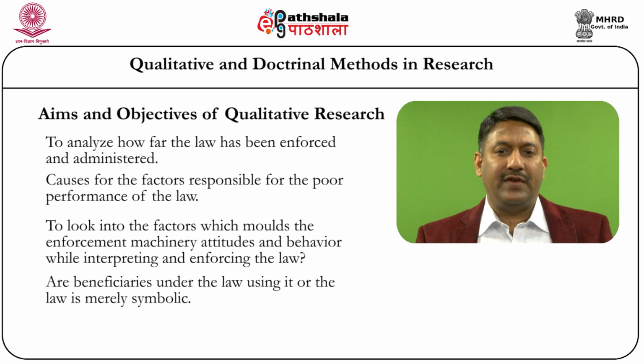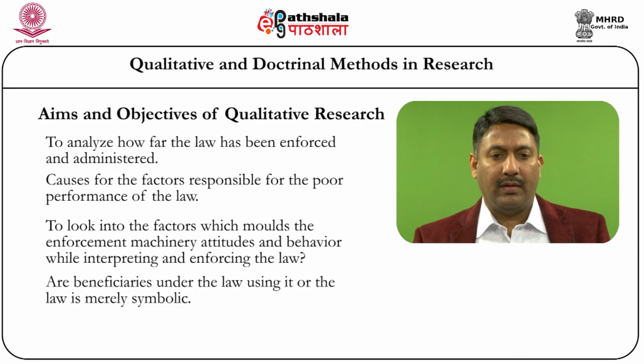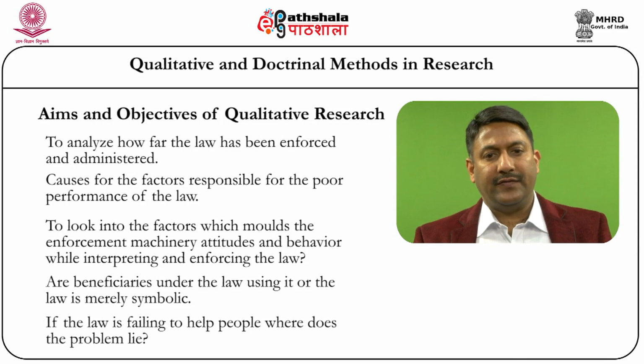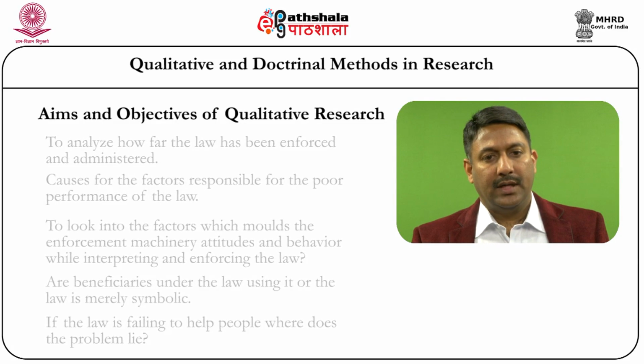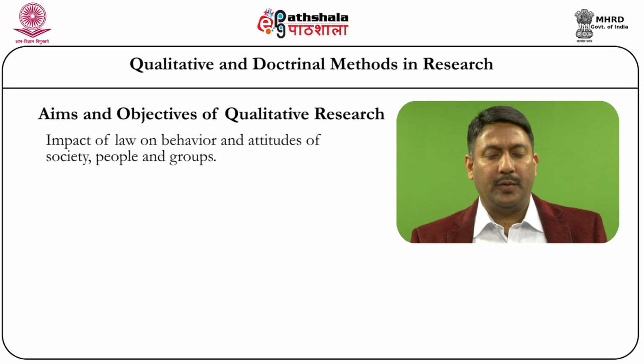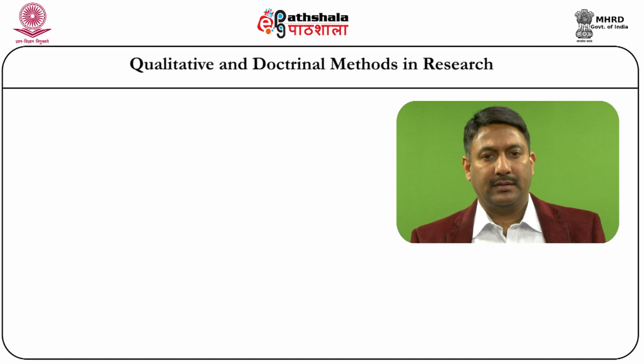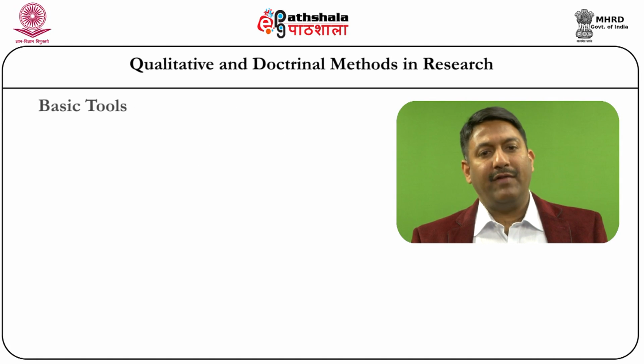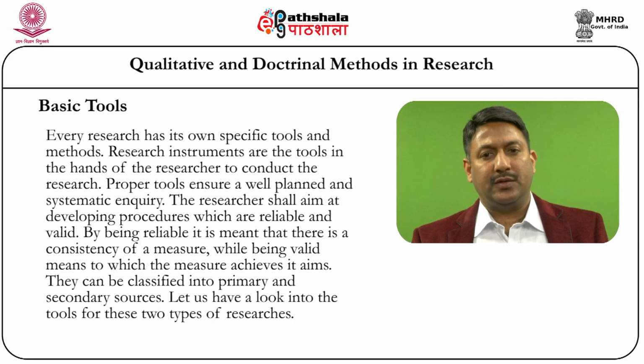Whether the targeted beneficiaries are benefiting from the law. If the law is failing to help people, where does the problem lie? Impact of law on behavior and attitude of society, people, and groups are also determined by this method. Every research has its own specific tools and methods.